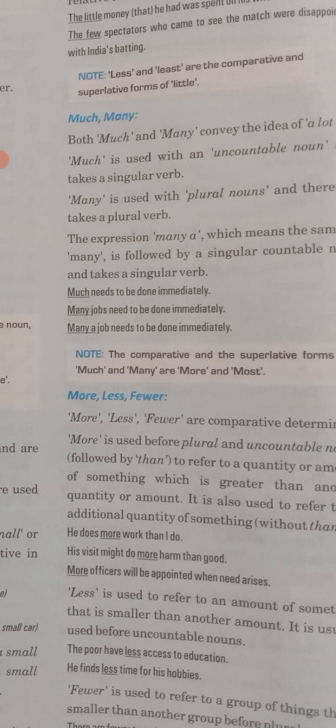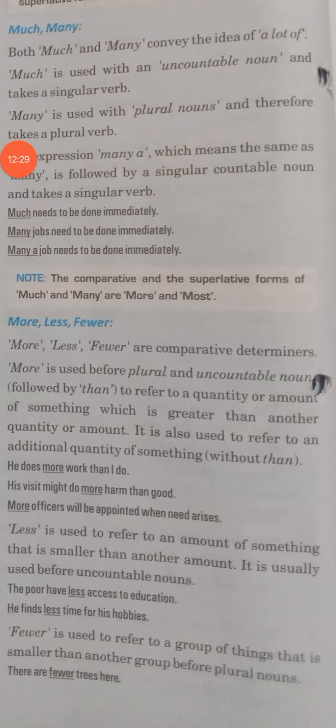You can count them. Like you can say, many jobs need to be done immediately. Many jobs: you can count and tell how many jobs. So there is this kind of difference: much is used with an uncountable noun, many you will use with a plural noun, but most of the time it is followed by a singular countable and takes a singular verb also.